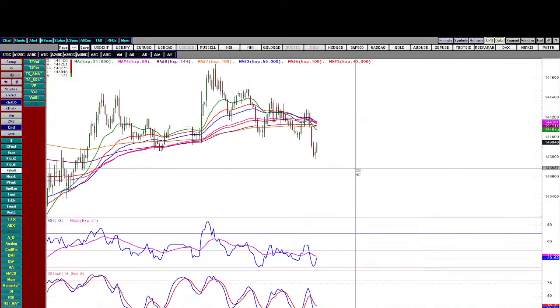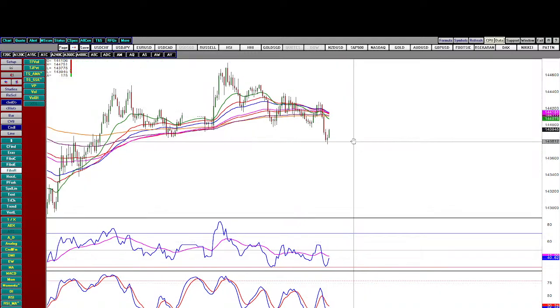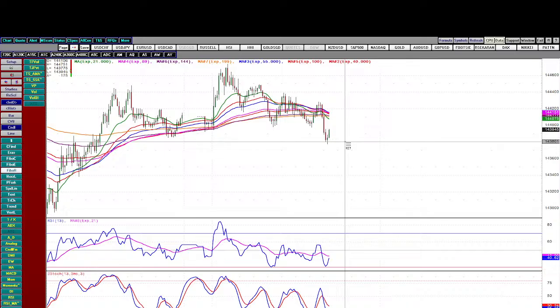Okay, the 95 order is filled. So now what is going to happen is we have a buy order at 44 and a sell order at 95. So if this sell order gets stopped out, we will be losing about 35 pips.